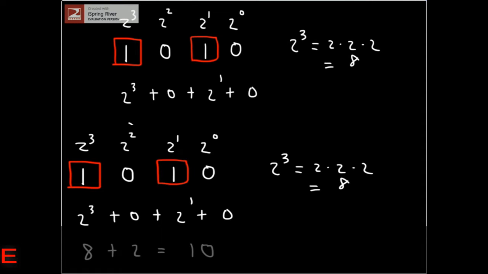And after 8, there is one number, that is 2 power 1. Its value is 2. So 8 plus 2 is equal to 10. This is the conversion of binary 1010 into decimal number, that is 10.